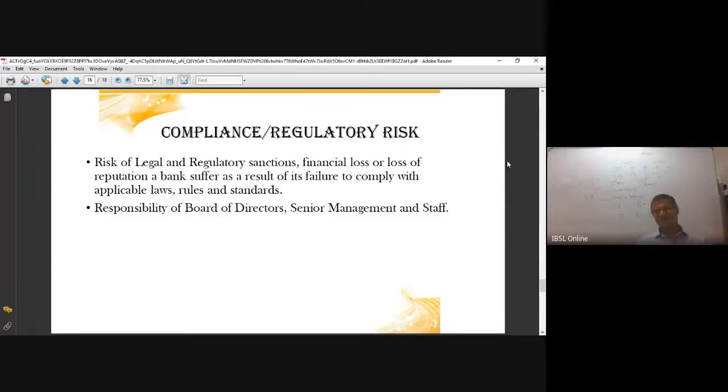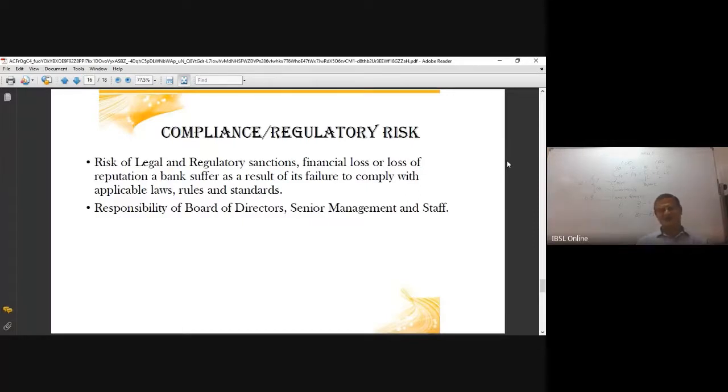Then you will get, other than the Banking Act, all the directions that have been issued up to 2014, I think. On your current page will come all the directions issued up to 2014.